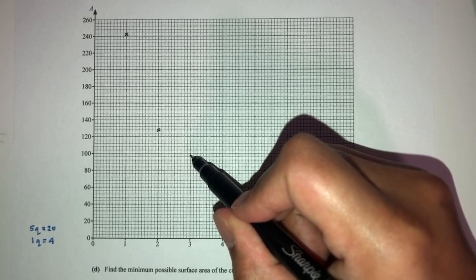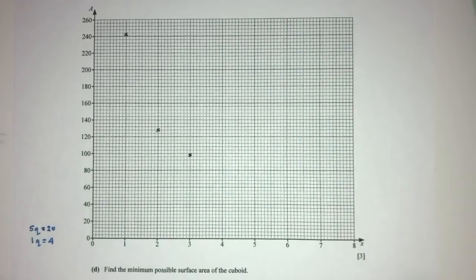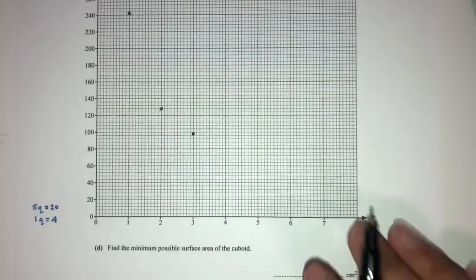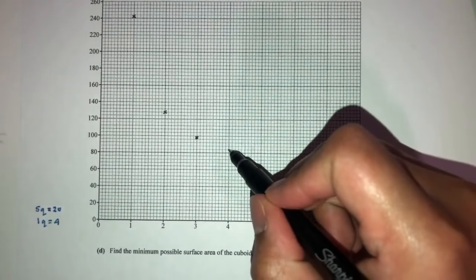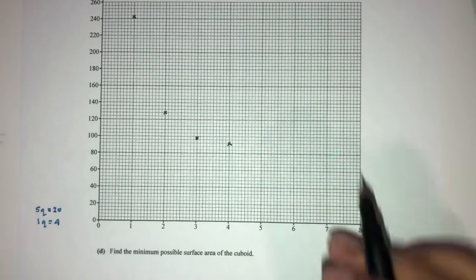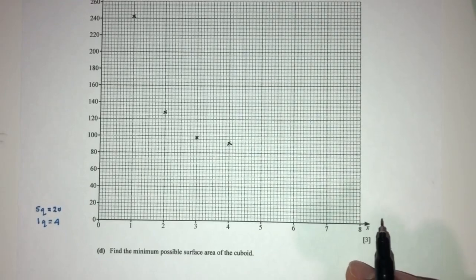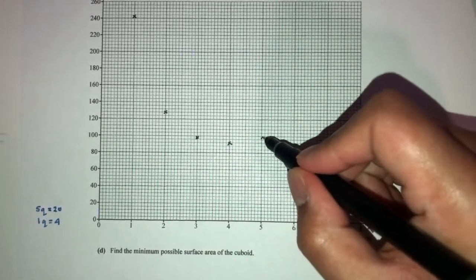So 96 will be here, 98 will be right here, right? Hopefully that makes sense. Then we have 4 and 92. This is 80, 84, 88, 92 right here. 5 will be 98 again, so 5 will be back to 98 right here.